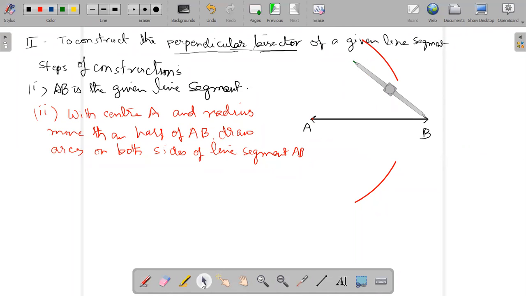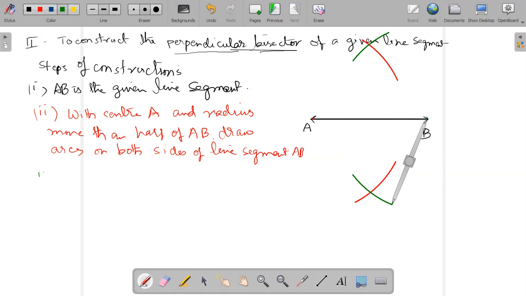So with the same radius and center B, draw two arcs. One arc is here, okay, and another arc is here. Draw with me, I will check.